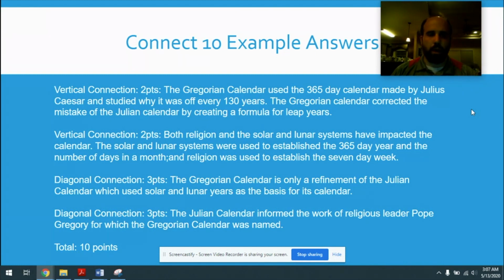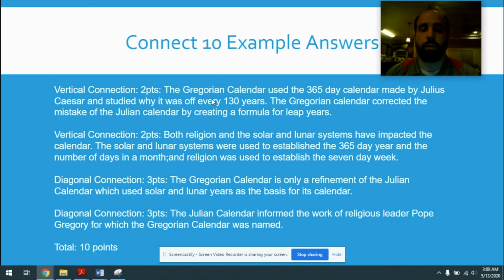But this would have been a vertical, connecting the Gregorian calendar to the Julian calendar there. That would have been a vertical. It's 2 points. And so it just says the Gregorian calendar uses a 365-day calendar made by Julius Caesar and studied why it was off every 130 years.